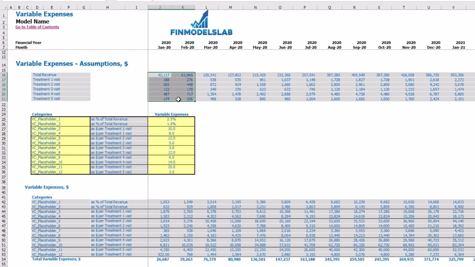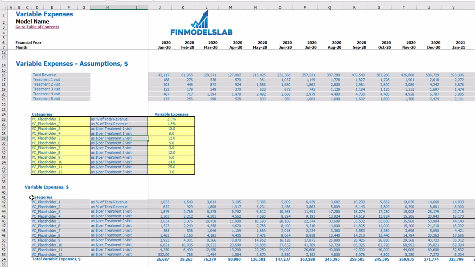On the top you may see the main drivers for this calculation, so you have total revenue and you have different count of visits by months for each treatment type, and below you may input your assumptions. So for variable expenses as a percentage of total revenue you can input different percentages, and for the next 10 line items you can input dollar amount per 1 visit for this particular treatment.